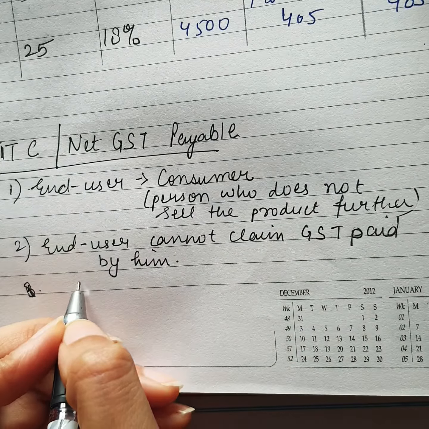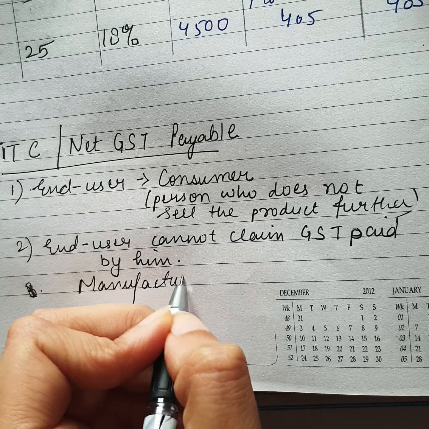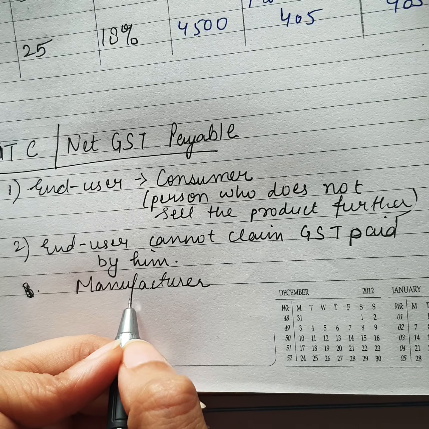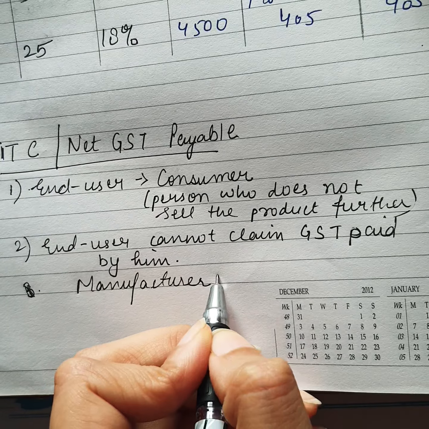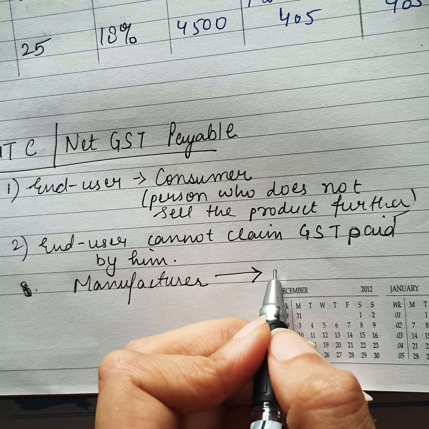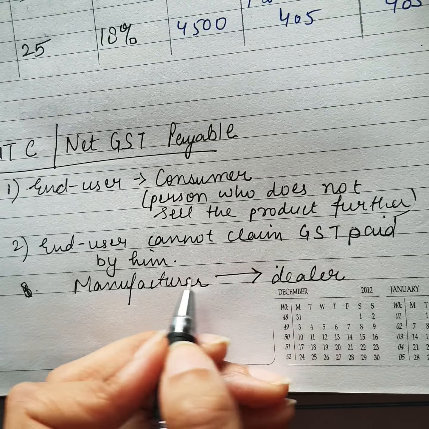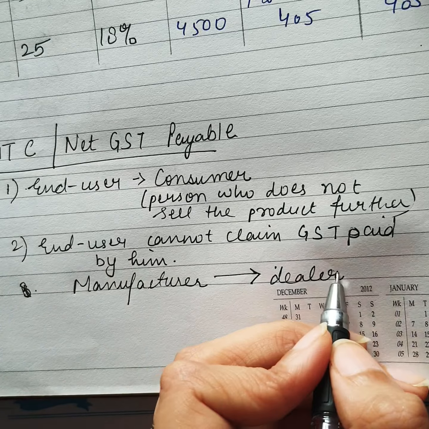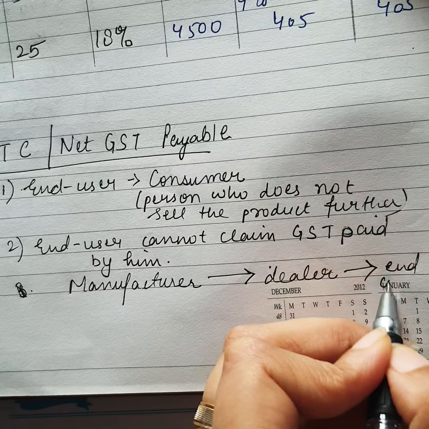For example, we have a manufacturer who manufactures the product not for his own use. So why will he pay the GST? He sells the goods to the dealer. Dealer is the one who buys the goods from a manufacturer and sells it further with some profit. And then we have the end user, the consumer.